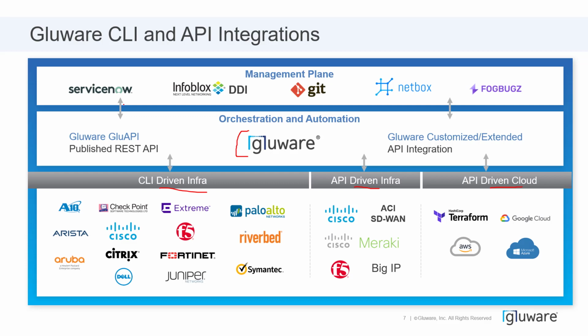And then with Gluware, as I mentioned already, you have the full ability to integrate with other components in the management plane: ServiceNow, Infoblox IPAMs, Git code repositories, Netbox, external source of truth, bug trackers, and other types of systems.